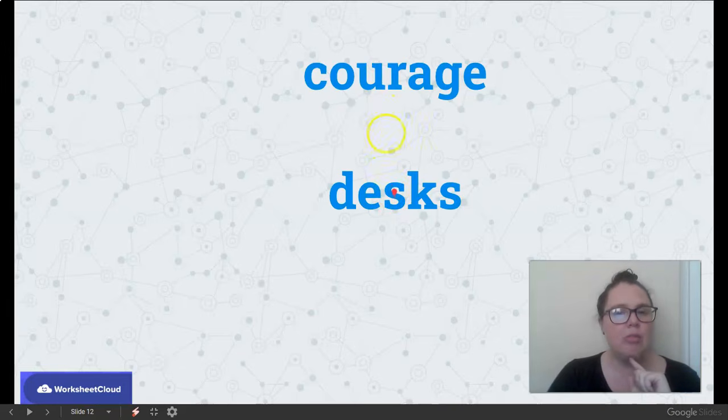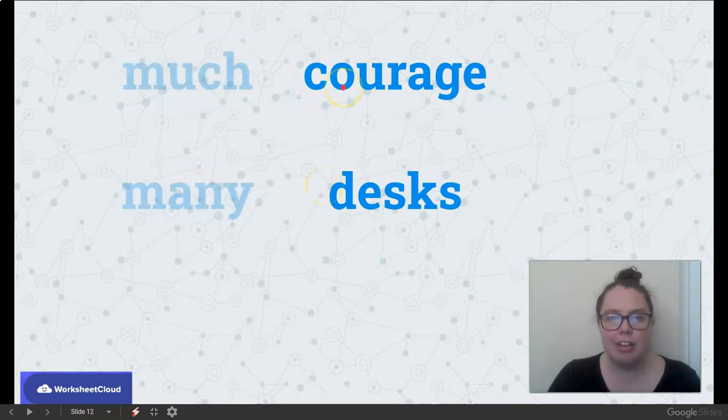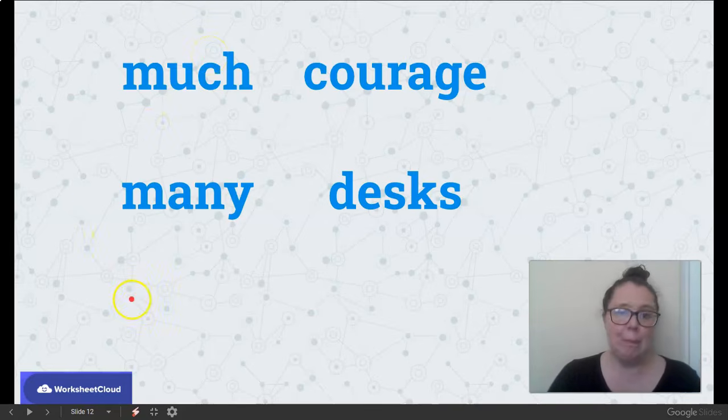Which one can you count? Okay, desks. Which one can you not count? Courage. Therefore, desks will be many desks. Courage will be much courage. So much you use for uncountable nouns. Many you use for countable nouns.